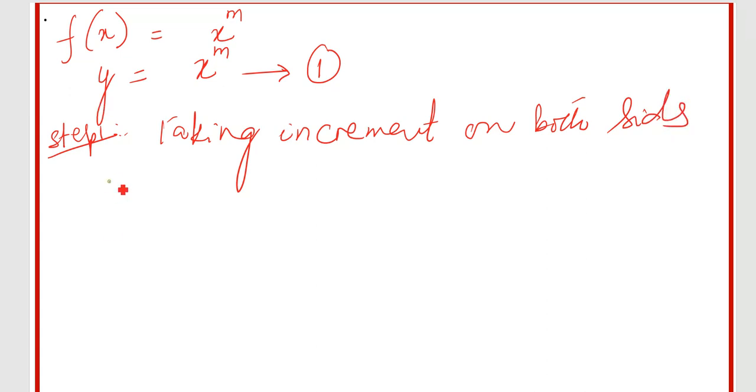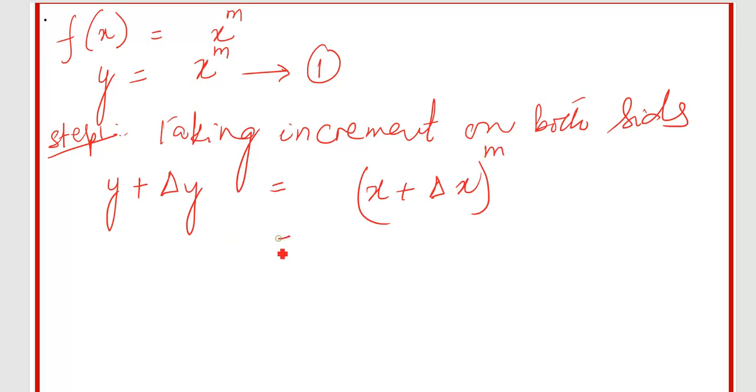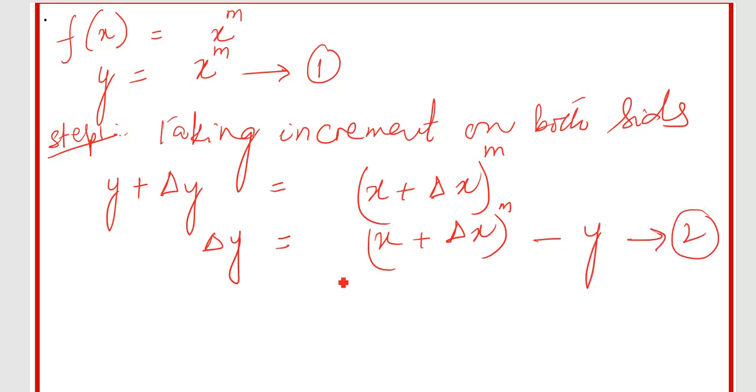So here we have y plus delta y, which is equal to (x plus delta x) whole power m. Then we will take this y to the right hand side of the equation, and the sign of this y will change. Here it is positive, so here it is negative, and this is my equation number 2.